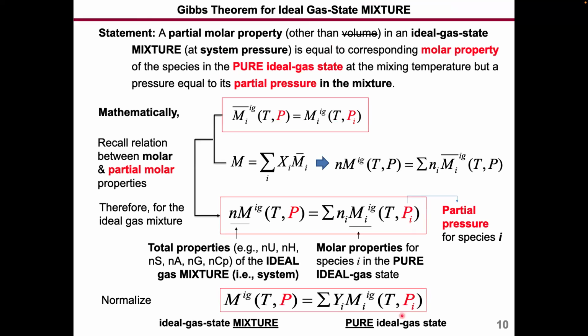Ideal gas, like I mentioned, we don't have any intermolecular interactions, and the internal energy or enthalpy only depends on the temperature, right? So H and U are independent of pressure for ideal gas, right? So here you will see, as long as the temperature is the same, it doesn't matter that your pressure is different, you are still talking about the same molar property.